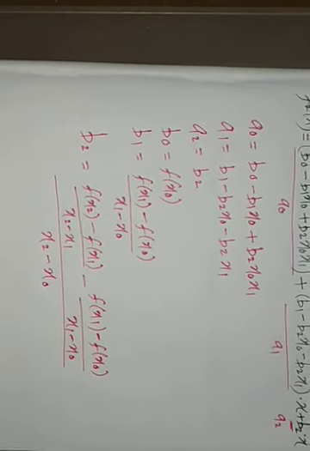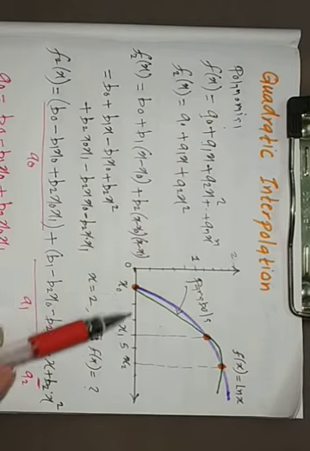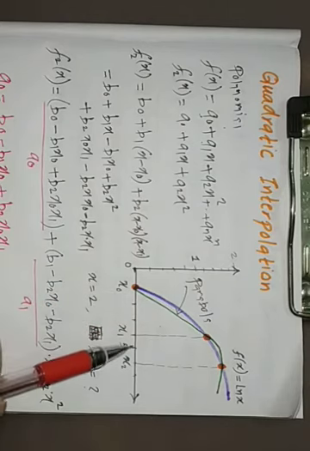So now these points are given x0, x1, x2, and corresponding values f of x0, f of x1, f of x2 are given.